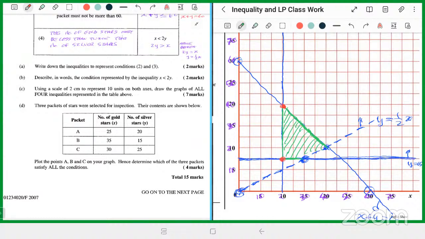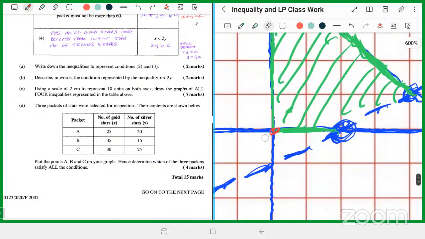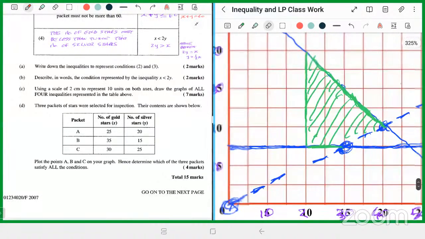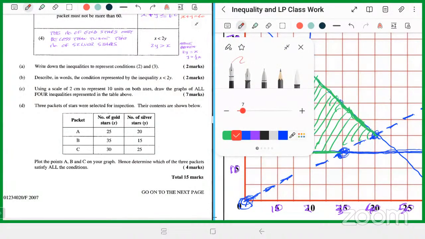Let me take off these red vertices and plot the points in red instead, right? Let's put the 3 points in red. So the first point is 25, 20. So the x value is 25 and the y value is 20.